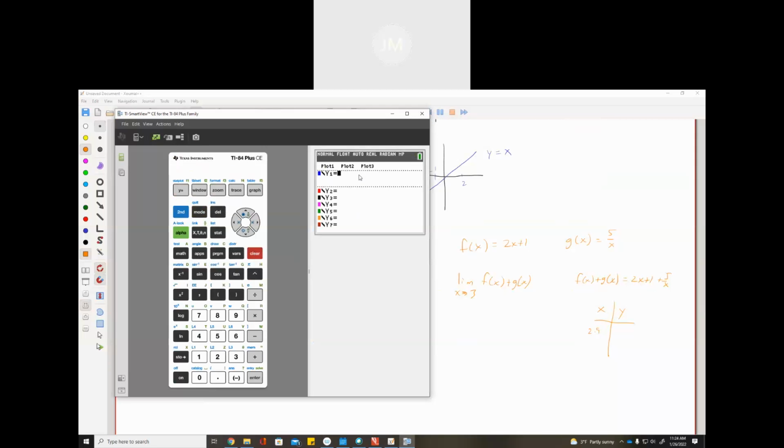I'm going to plug that formula in as a y equals. Then on my main screen, I hit variables, go over to y variables, function y1, and I'm just going to use function notation. So when I plug 2.9 in, it'll do the computation for me, and I get 8.52.